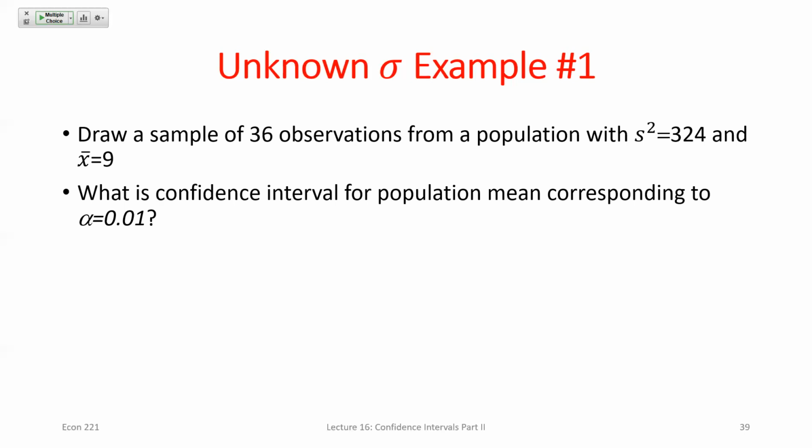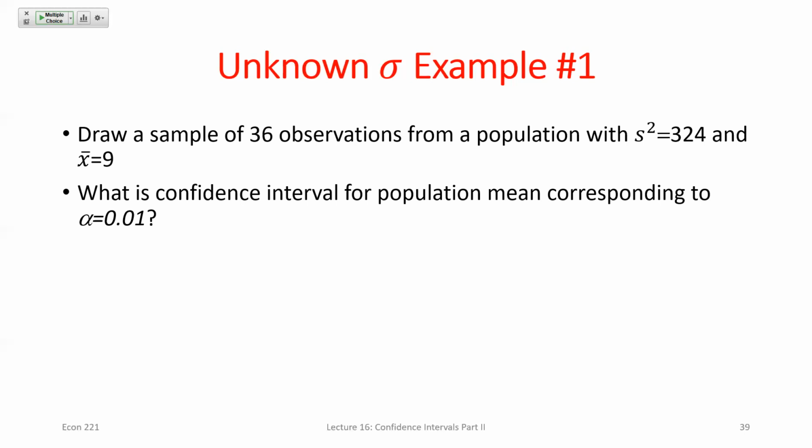Okay, so I have to go to my student t table. Now I need one more piece of information, because when I'm dealing with student t distributions, I need to know which student t distribution I am using. The degrees of freedom is simply going to be n minus 1. So here, 36 minus 1, we have a degrees of freedom of 35.